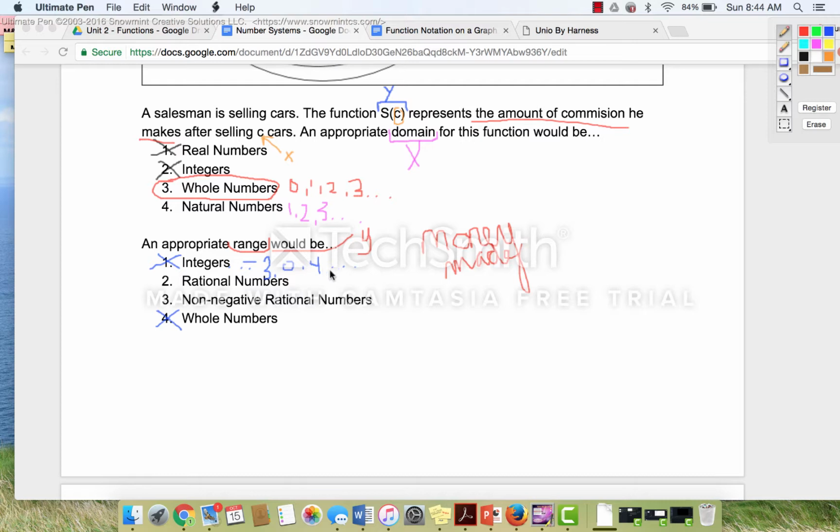Now I'm going to have things like 3.41, or for a car, $19,732.18. That seems appropriate. And I'm going to err on the side of non-negative rational numbers because you can't really make negative money. So non-negative rational numbers would be my most appropriate range.